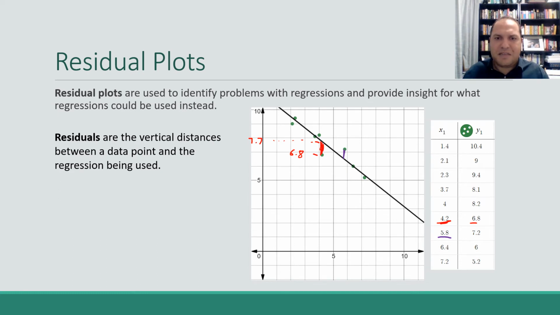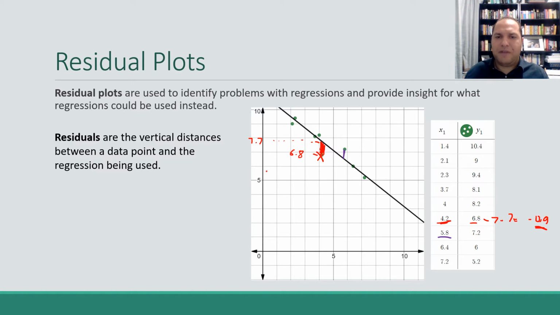So this residual distance will just be 6.8 subtract 7.7 to get negative 0.9. Now, key thing with this residual, it is negative because our data point is below our line of best fit. It's below our regression, so that's why we've got a negative value here.